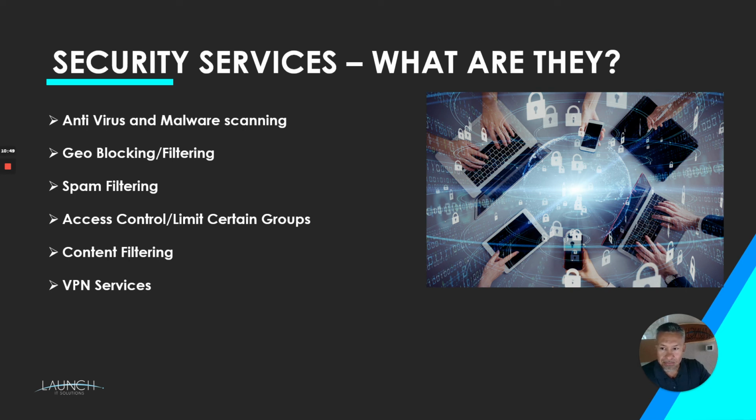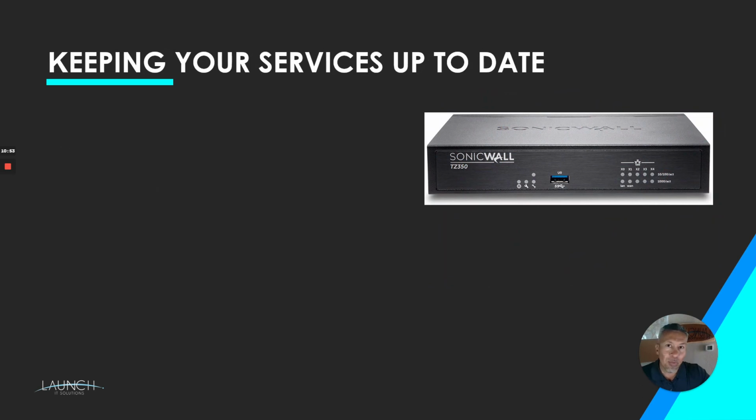All right. Let's see what else we have here. So what's important about keeping your router up to date? One thing you might want to ask your current IT guy is: we have a board that we use to manage all of our customer routers, and we have a column that lists when the security services expire, and then we get a notification via email 1 month prior to expiring, so that we know we have to renew those security services for that customer site.